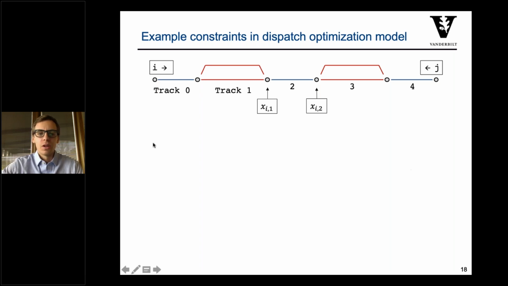So in this case, we see a diagram again of a single track network territory. In this case, we have 5 track segments, index 0 through 4, and some of these are single track segments and others have sidings. We have 2 trains, in this case, train I and train J, heading in opposite directions. And as you saw in the optimization math earlier, we have continuous variables described by X, and those variables simply describe the time at which a train, which is included as one of the indices, in this case, a train I, reaches the end of track 1.